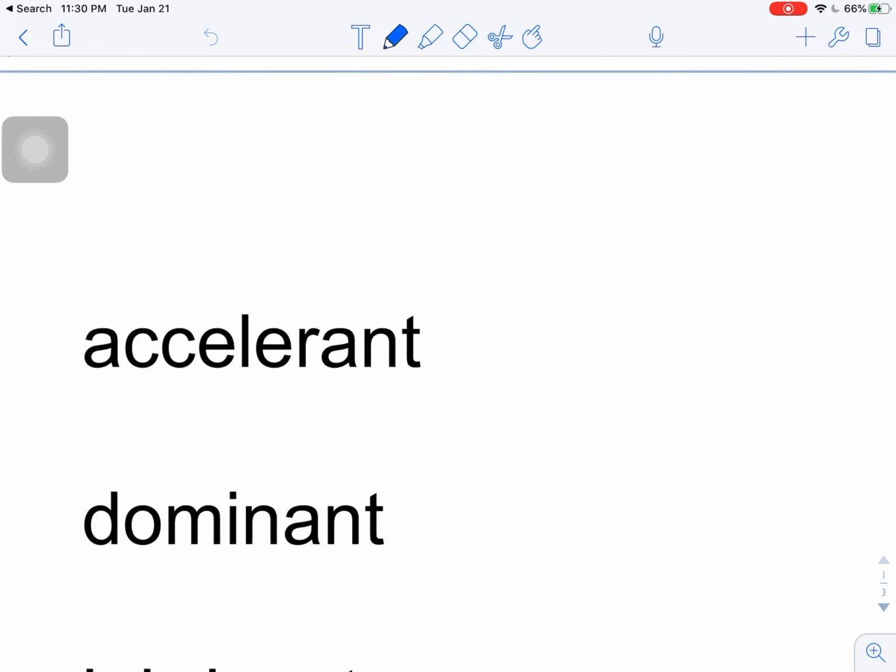For instance, in speaking, the natural pattern is to break after the vowel sound. Like if I had the word gossip, I naturally say gossip, and I would say ga, but I don't break it like this.